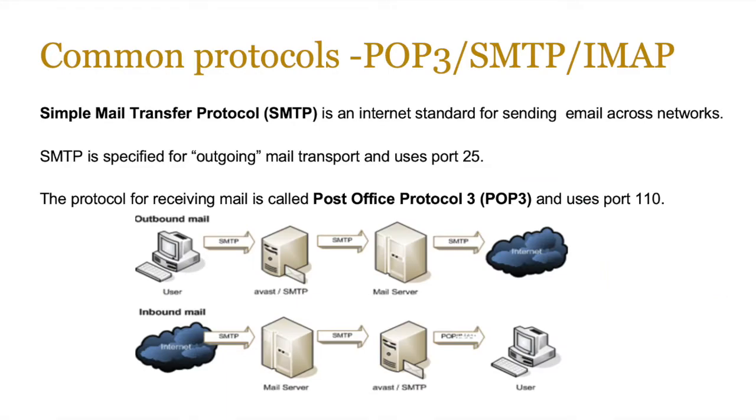Now, the next protocols we're going to be looking at are actually a group of protocols to do with email, so SMTP, POP3, IMAP. The simple mail transfer protocol is a text-based protocol, which is sometimes referred to as a push protocol. In other words, a client opens a connection to a server and keeps the connection active all the time.